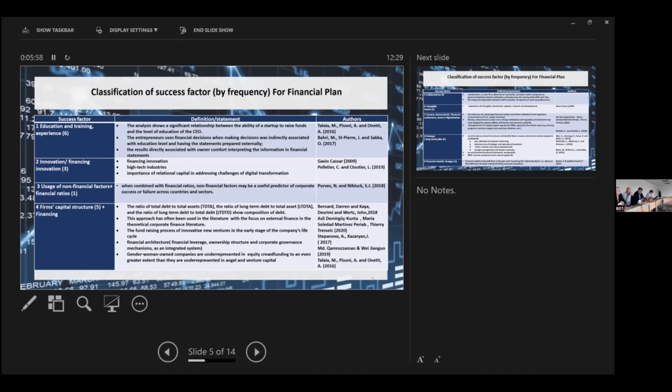What is important is to create financial architecture using a financial leverage ratio, and to compare this financial leverage ratio with possible risks of failure. And also one interesting finding here is that woman-owned companies are not so strong in using crowdfunding, and also in using angel or venture capital.